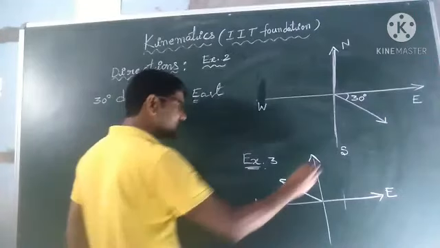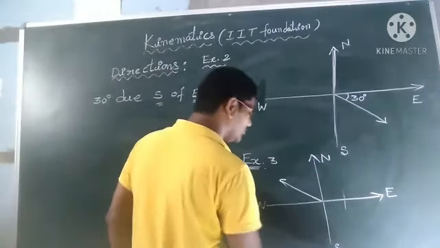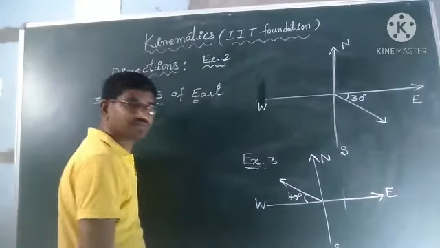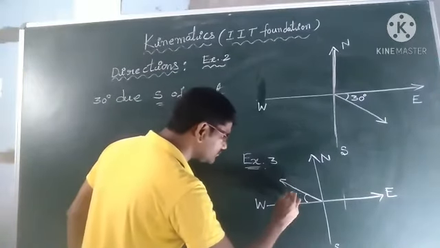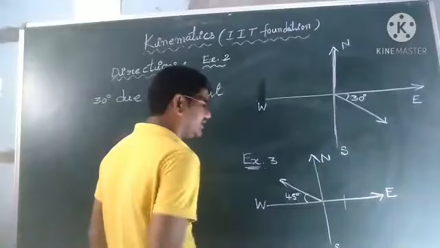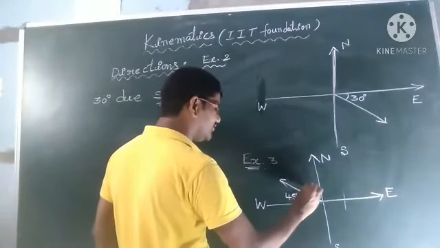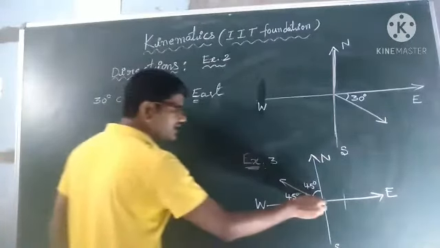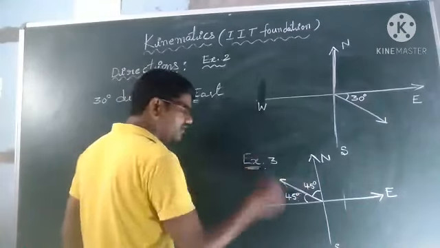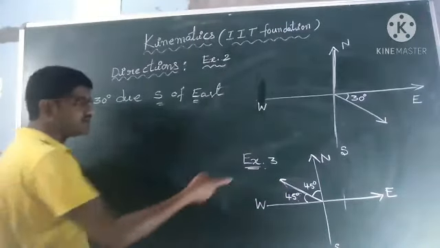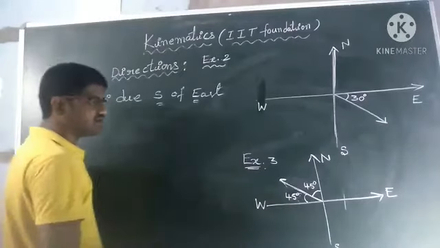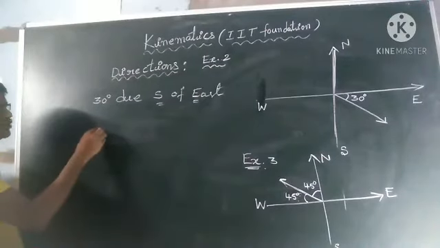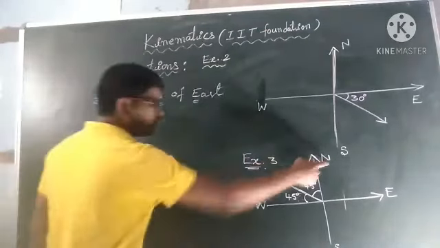So east, west, north, south, and it is making an angle of 45 degrees, and we know this is also 45 degrees. Then the total will become 90. So it is exactly in the middle of the north and west. So simply we can say that the given vector is in the northwest, directly you can write northwest.